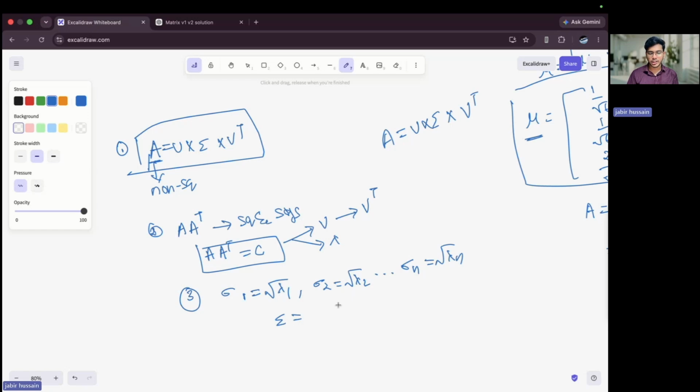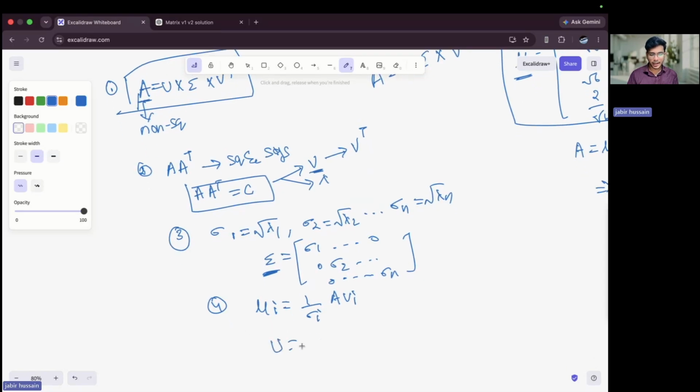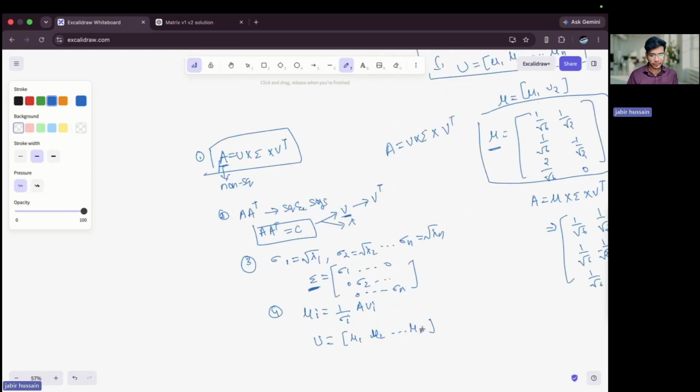Then we put them in a matrix, sigma 1 up to 0 0 sigma 2, like this. Like this we get sigma, and we got V. Now the fourth piece is U of i is equal to 1 by sigma i times A times Vi. From this you will get U as U1, U2 up to Un. So these are the formulas.